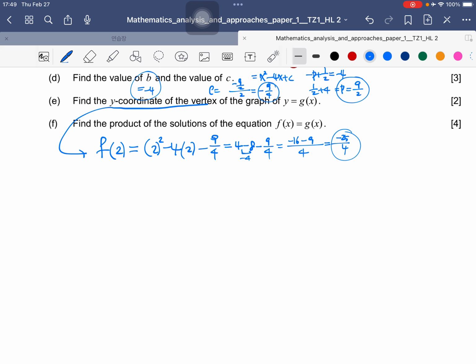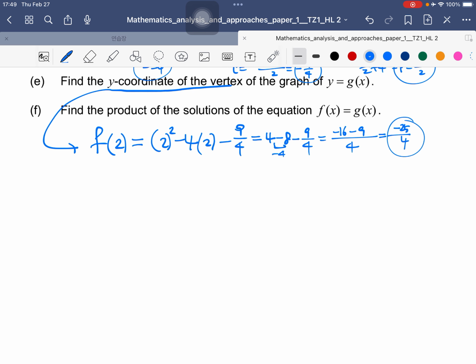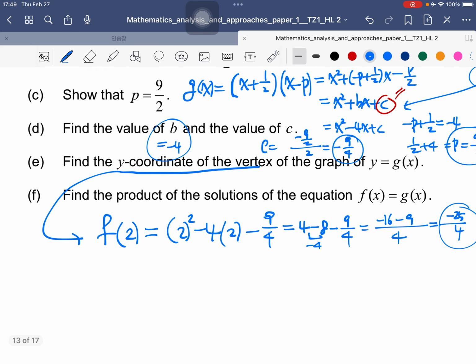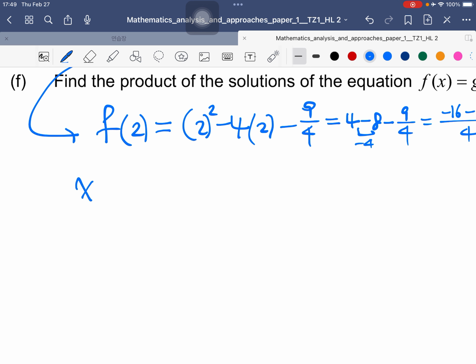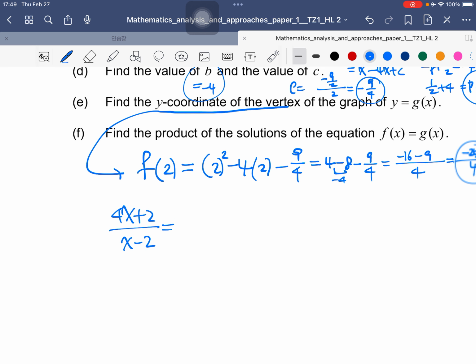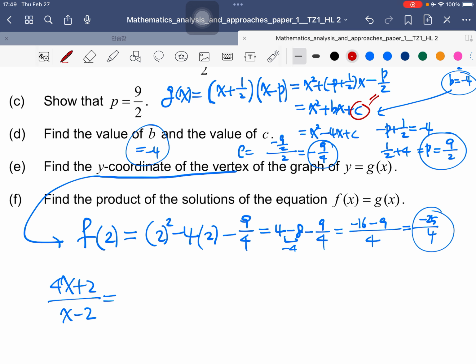The last question is to find the product of solutions of the equation f(x) equals g(x). So f(x) is this function, (4x + 2) over (x - 2), equals g of x, which is this function here.